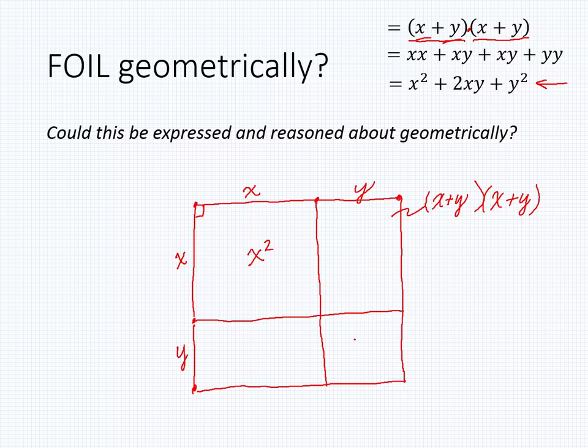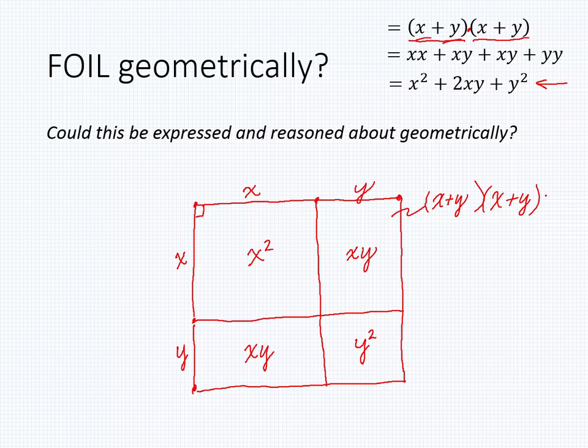And this region in the lower right, it is a square with sides y, so its area is y squared. Then we have remaining these two areas on each side, and they have an area of xy because one side is of length x and one side is length y, and the same with the one in the lower left-hand corner.